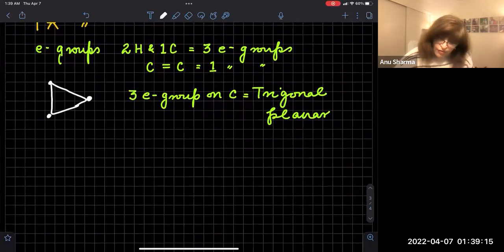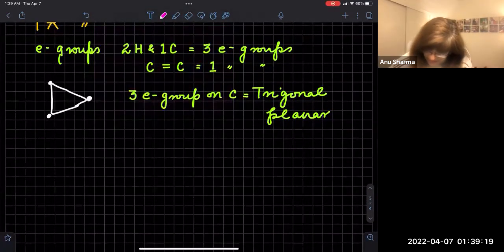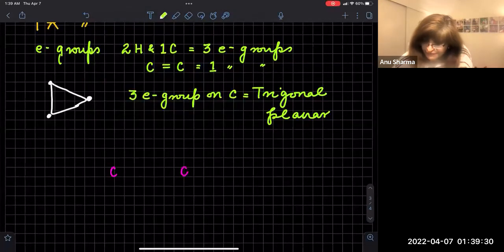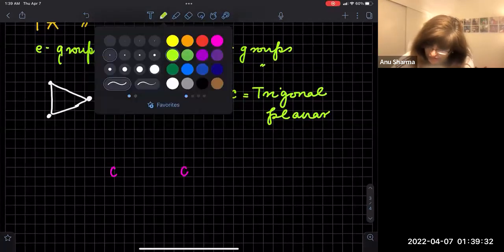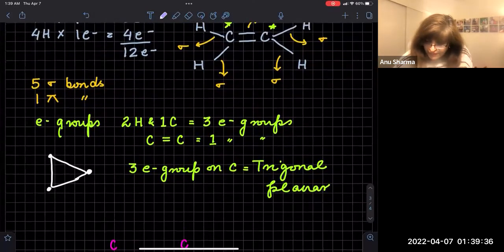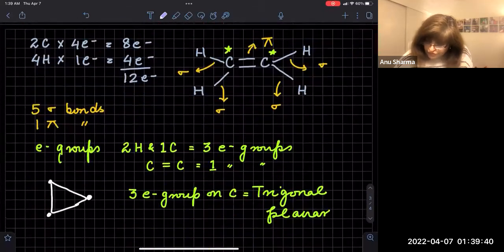Now we are going to make our structure. Let's put one carbon here in the middle and another carbon here, and let's bring in the sp2. Remember, sp2 is triangular, with 3 sides.